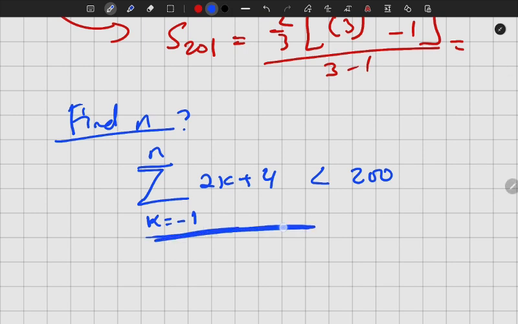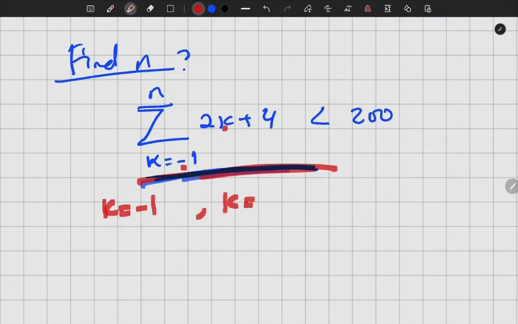You'd expand the left hand side just like how we did by substituting k equal to -1, k equal to 0, k equal to 1, k equal to 2. You'll just get the first three terms, which would be k equal to -1, then k equal to 0, and then k equal to 1. Once you have these three, you then have the last one, which would be k equal to n.